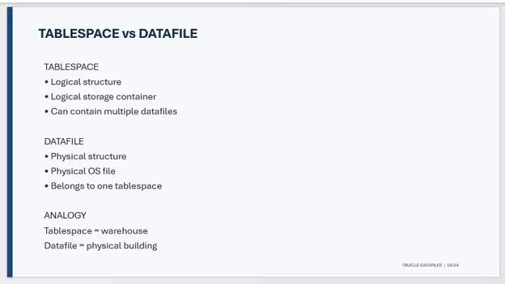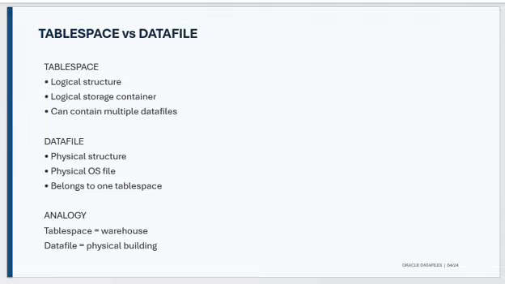Let's make the difference very clear. A tablespace is a logical structure. A data file is a physical structure. Imagine a warehouse company. The company has a warehouse called users. The warehouse may actually consist of three physical buildings: building 1, building 2, building 3, which for this example we compare with the data files users01.dbf, users02.dbf, users03.dbf.